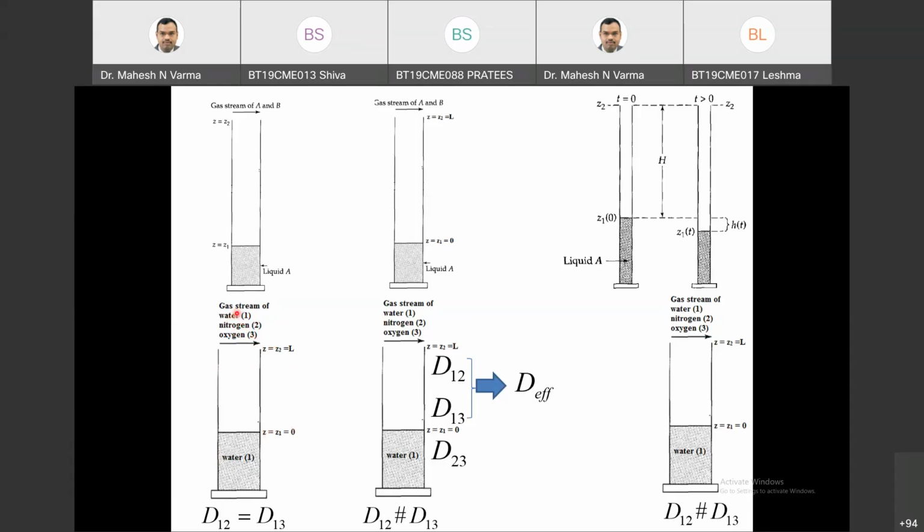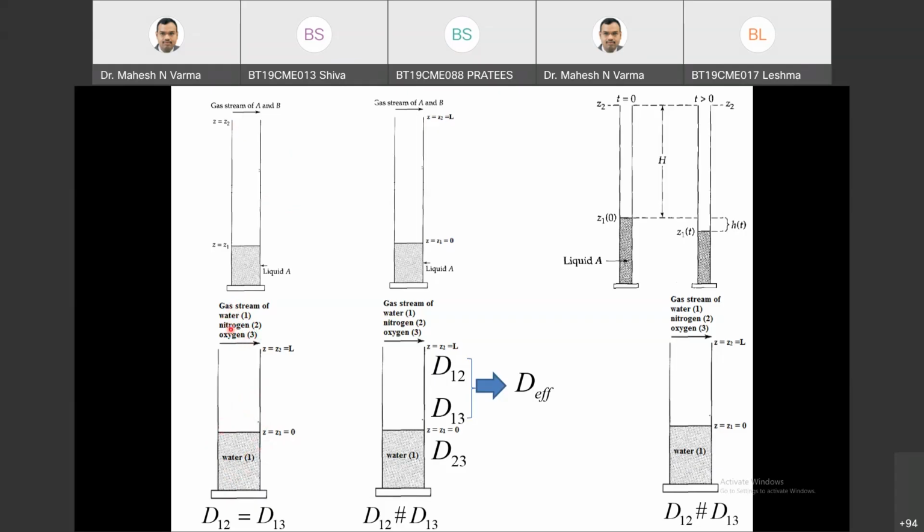There we can handle water as component A and air as another component B, which consists of nitrogen and oxygen, but they don't have any difference as far as mass transfer of water is concerned. Then this case is exactly similar to the earlier one.